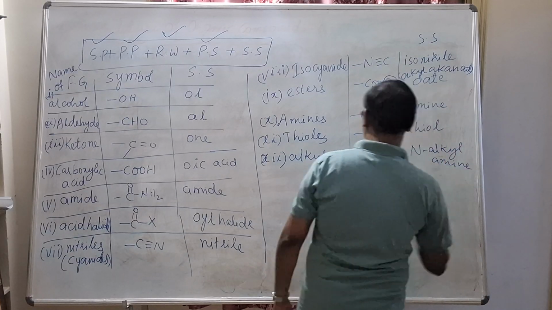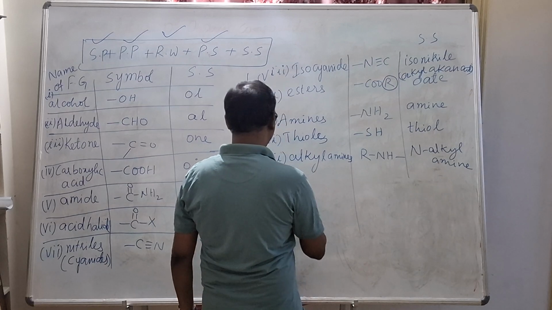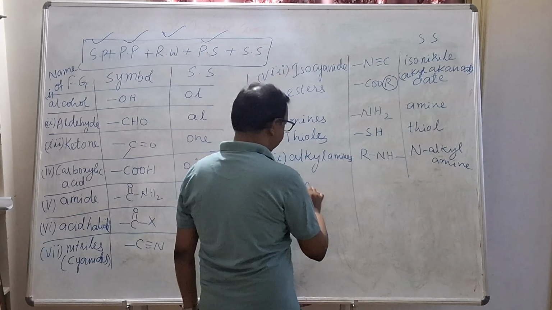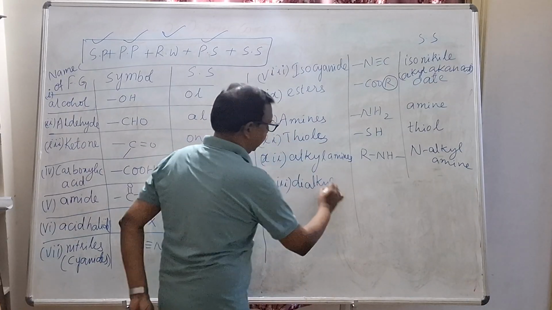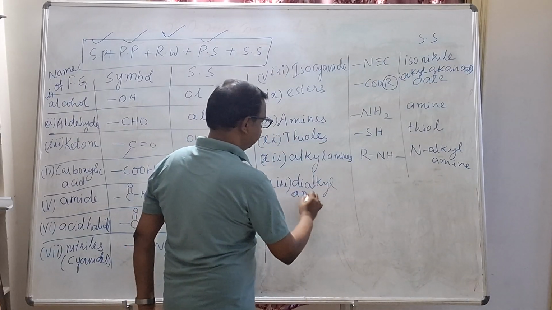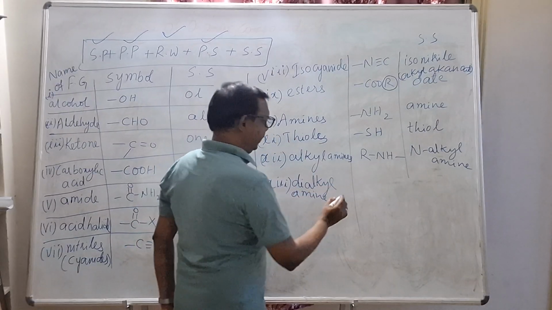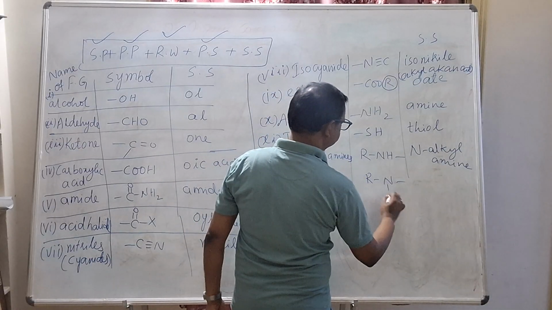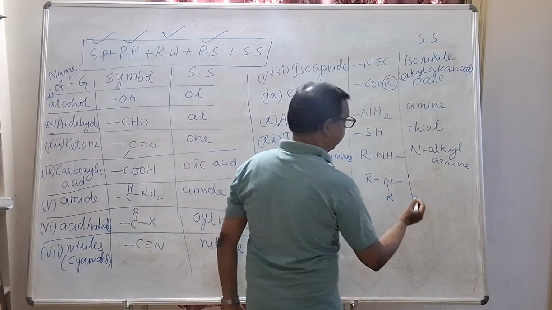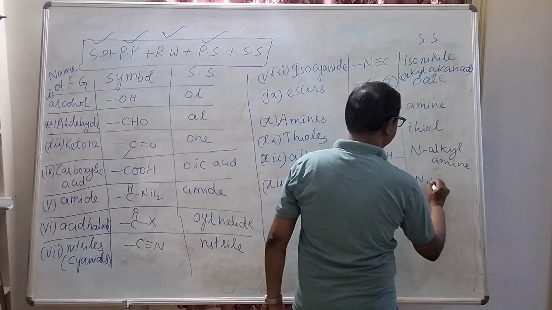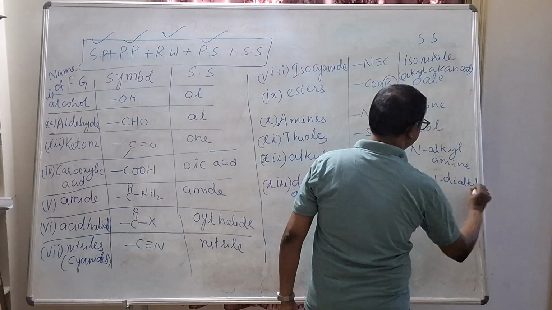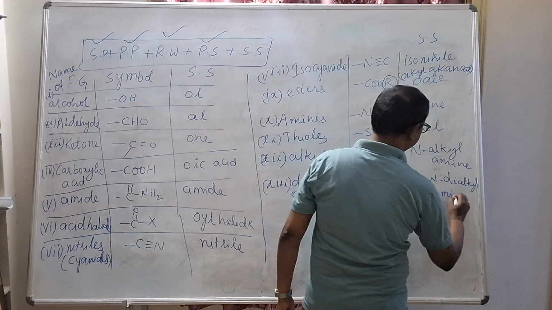The thirteenth one is dialkyl amine, which means RNR. The name is N,N-dialkyl amine.